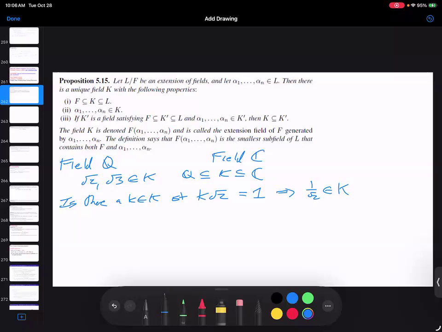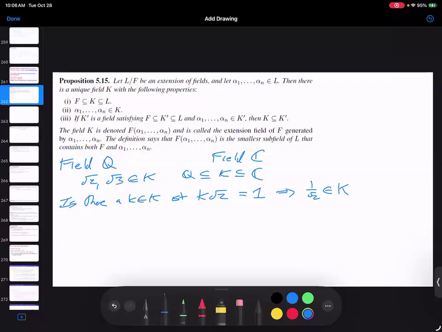What else must be true about what other element must be in the field? Additive inverse, and every element should have a multiplicative inverse except 0. Okay, good. So we've just done multiplicative inverses, but I've given you square root of 2 and square root of 3. What other elements must be included as soon as I give you root 2 and root 3? Root 2 plus root 3.